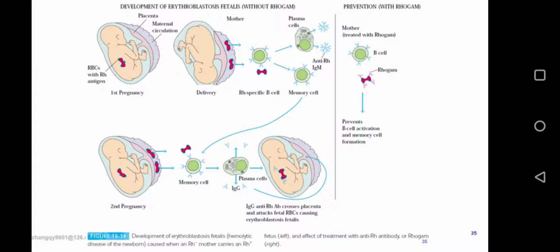I think the key player is the memory B cell, right? If there is no memory B cell, no response, right? So the best way to stop it is to use anti-antibody to block the antigen. If there is no antigen, the B cells cannot be activated to form memory B cells.